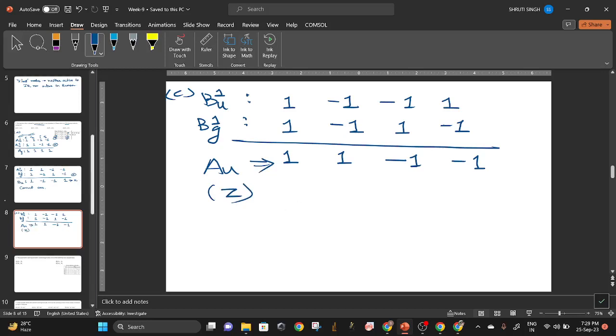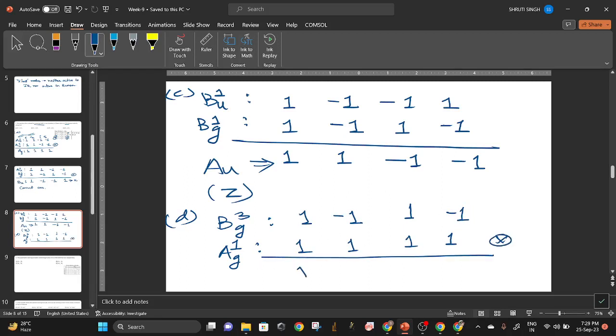Now D we can also check. B triplet g to A singlet g. So this is 1, -1, 1, -1. A singlet g will be all symmetric.